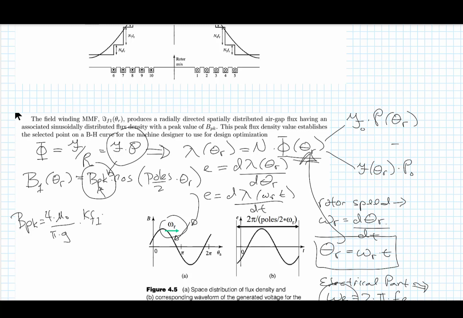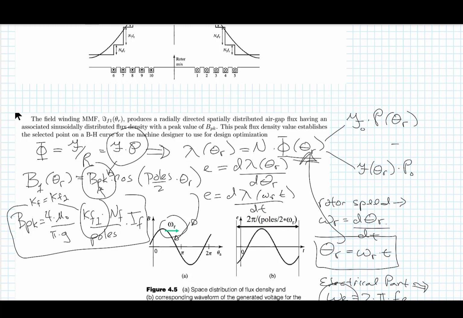I'm writing it as the fundamental part of that. And just to point out that in the textbook, in my notes, I kind of dropped the 1 at this point. So if it says k sub f or k of 1, it's the same thing, times nf, the number of field turns, divided by poles, times the field current.